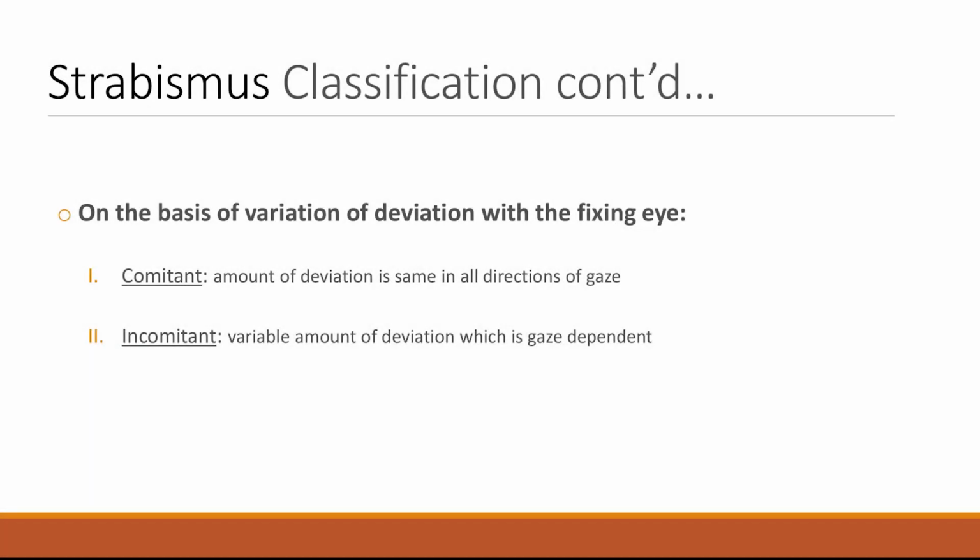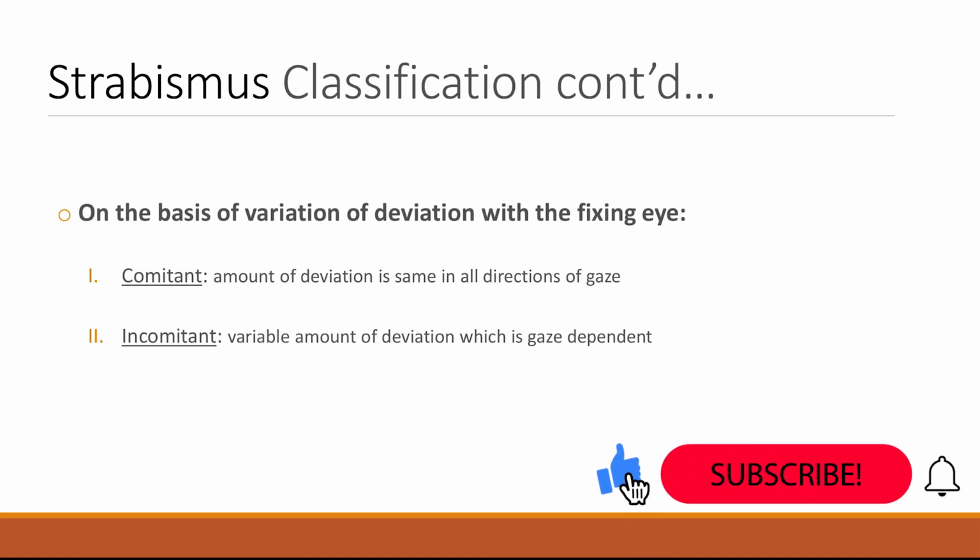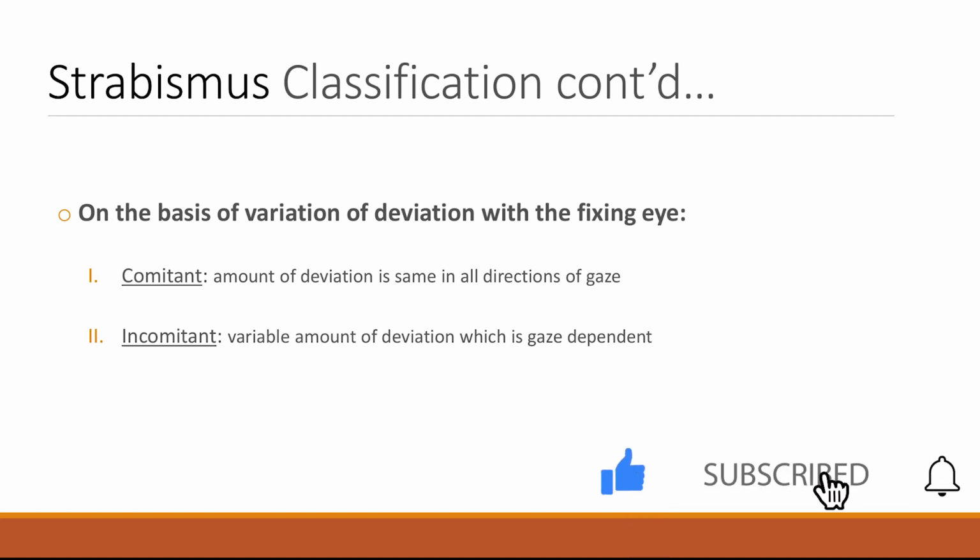Now the other classification can be defined on the basis of the fixating eye in various deviations or various directions. So it may be concomitant, where the amount of deviation is the same in all directions of gaze, while incomitant is defined as a variable amount of deviation that depends on gaze.